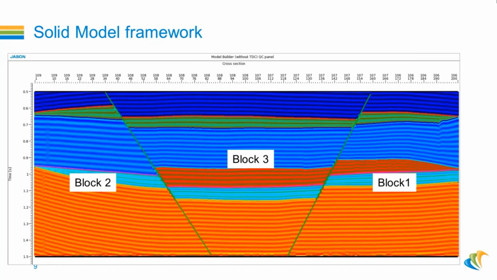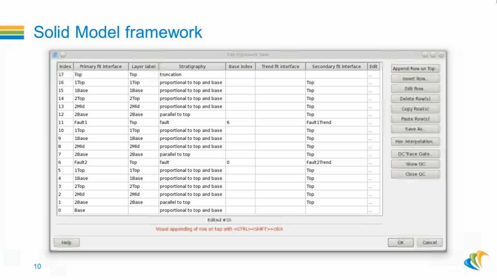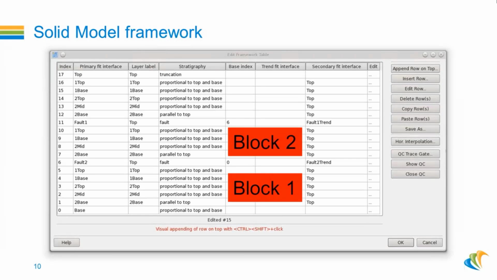So block 1, block 2, and block 3. And how that translates into a framework is shown here. So at the bottom, you see block 1, and then working up, you go to block 2 and block 3. This seems complicated, but what you really are seeing is that your horizon names are transferred into the layer labels, and you define a stratigraphy, and that's mainly building up your fault block.